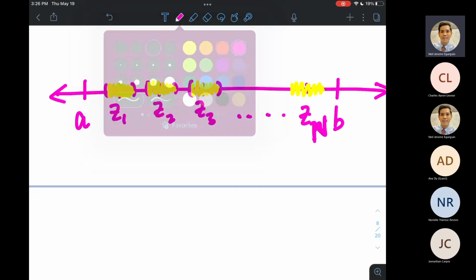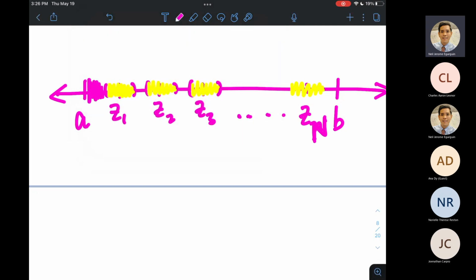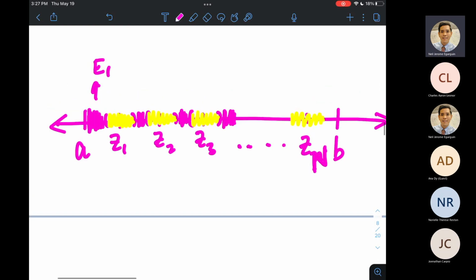Tapos kulayan natin ng pink yung mga nandito, yung nasa pagitan ng mga dilaw na intervals. And what we know dun sa mga pink intervals, yung function f ay continuous dyan sa mga pink intervals na yan. Tawagin natin tong E1, tawagin natin tong E2, E3.